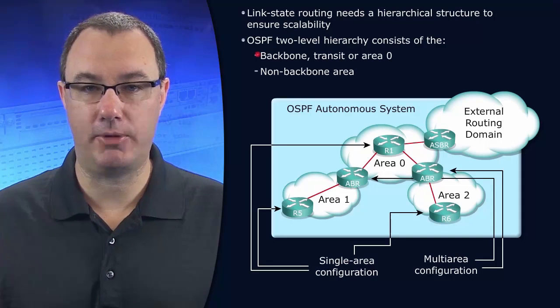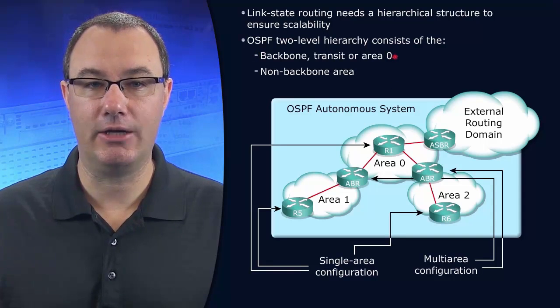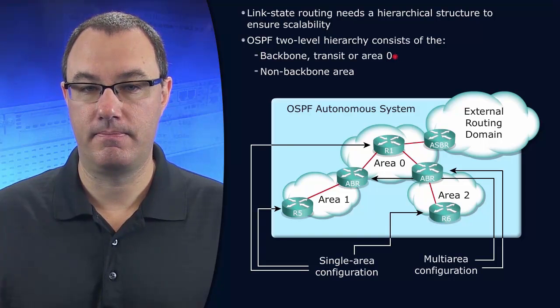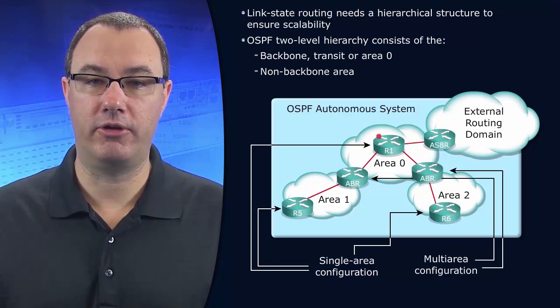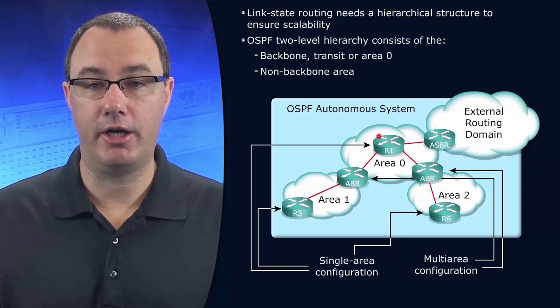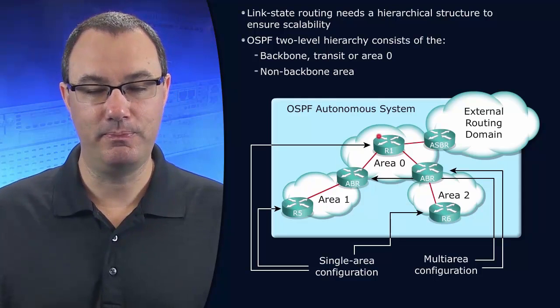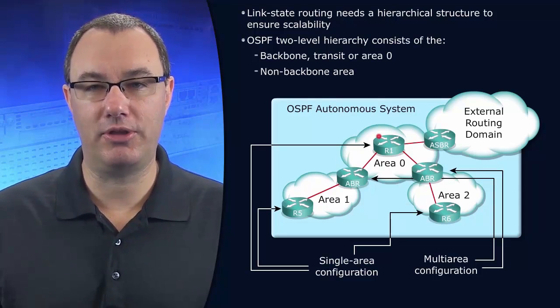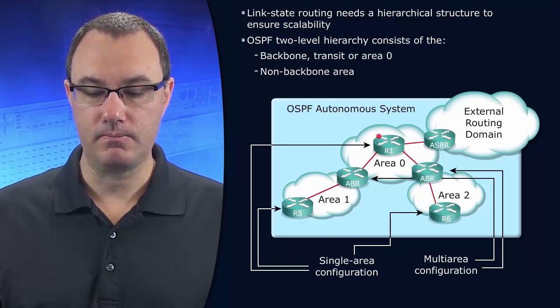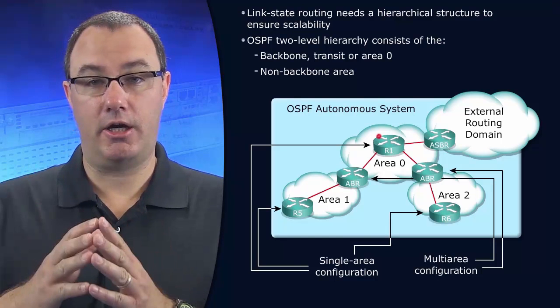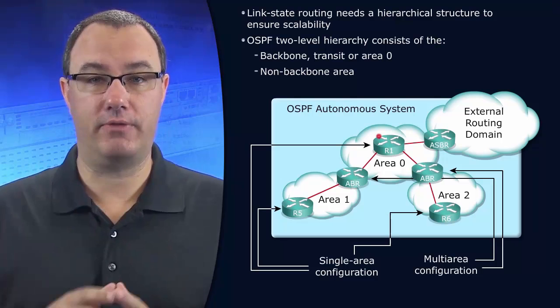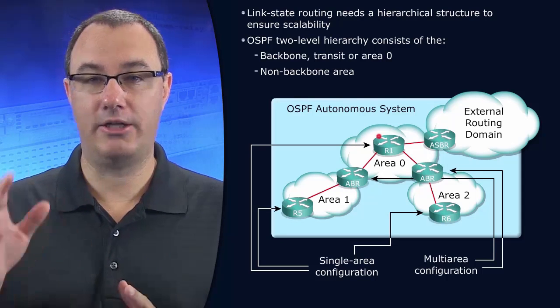We call it the backbone area, and it must be Area 0. Area 0 forms the hub of the hub and spoke topology of OSPF. Now, when you think of hub and spoke, you think typically about maybe a switched environment or a WAN connection.